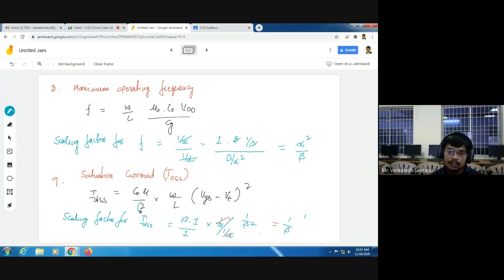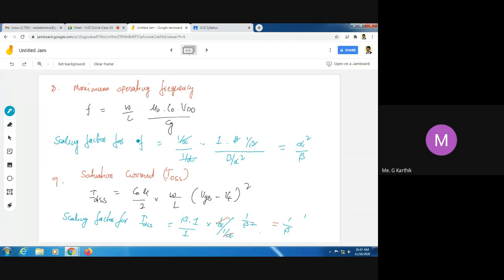For constant values, we have to take a scaling factor of 1. 2, mu, epsilon, these are all constant values. For constant values, we take a scaling factor of 1. So for the 2 also, we take a scaling factor of 1. So beta into 1 by 1, that is why I wrote it.